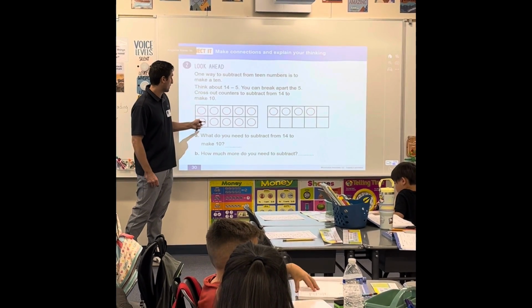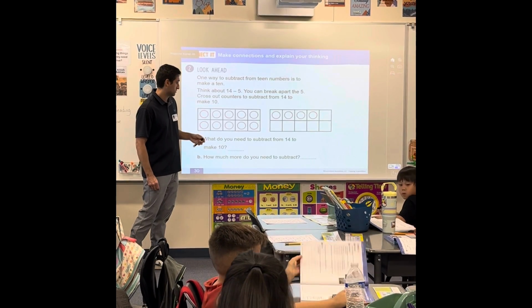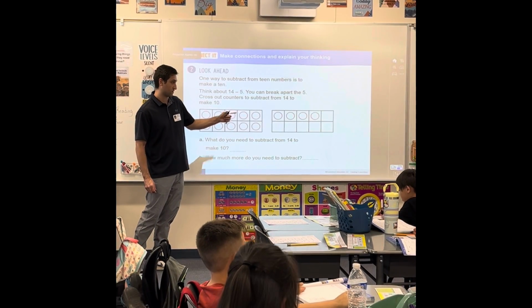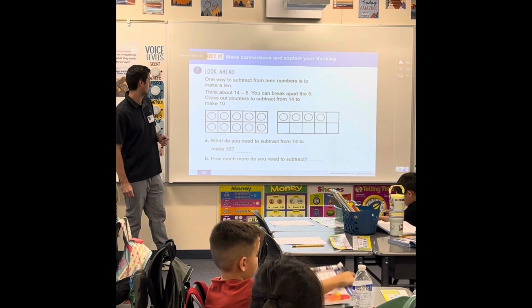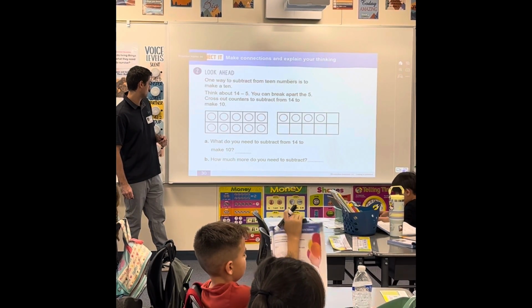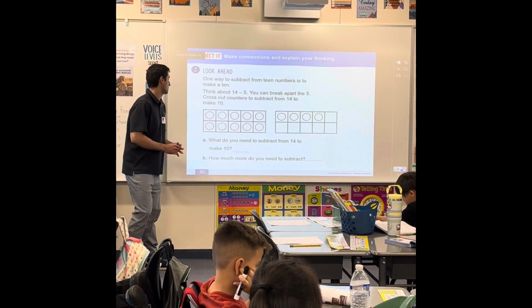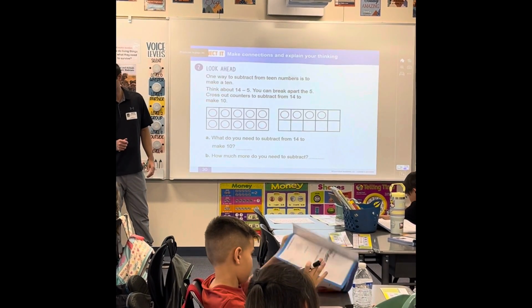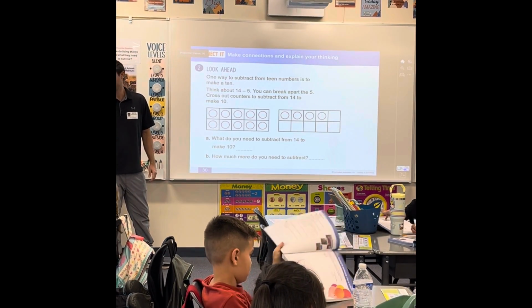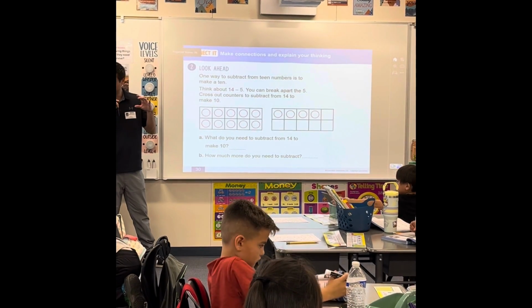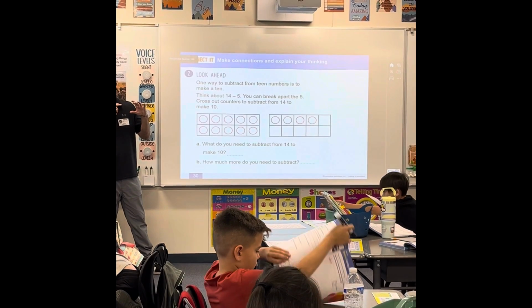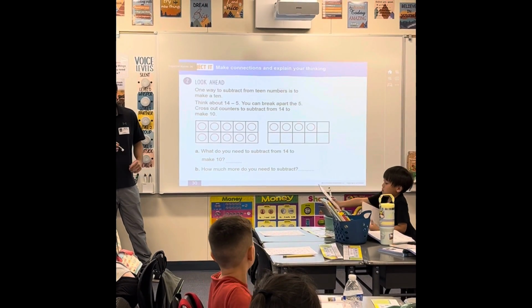Fill it up with a circle in each one, and in the second set of squares, put in 5. Go ahead, Adrian, keep going. Draw two rectangles with 10 boxes in each.